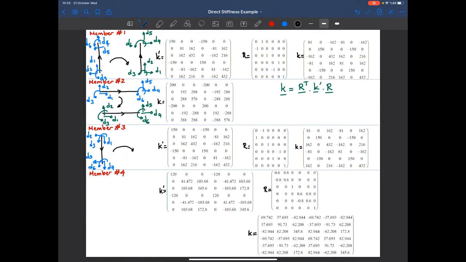Once I do the transformation, this is again our member. So the degrees of freedom are as follows this time. D1 will be in the global x direction at the start node, D2 global y, D3, D4, D5, and D6.